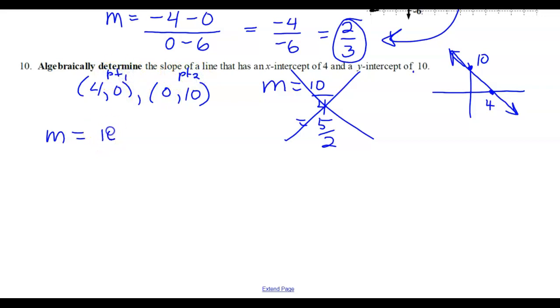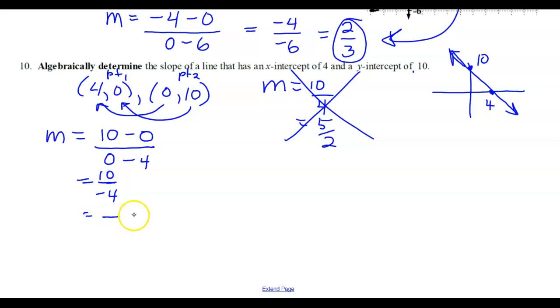So I'm going to have 10 minus 0 over 0 minus 4. So 10 minus 0 here and 0 minus 4 here. So that's going to be 10 over -4. We always show the negative out front or up top, and that's going to be -5 over 2.